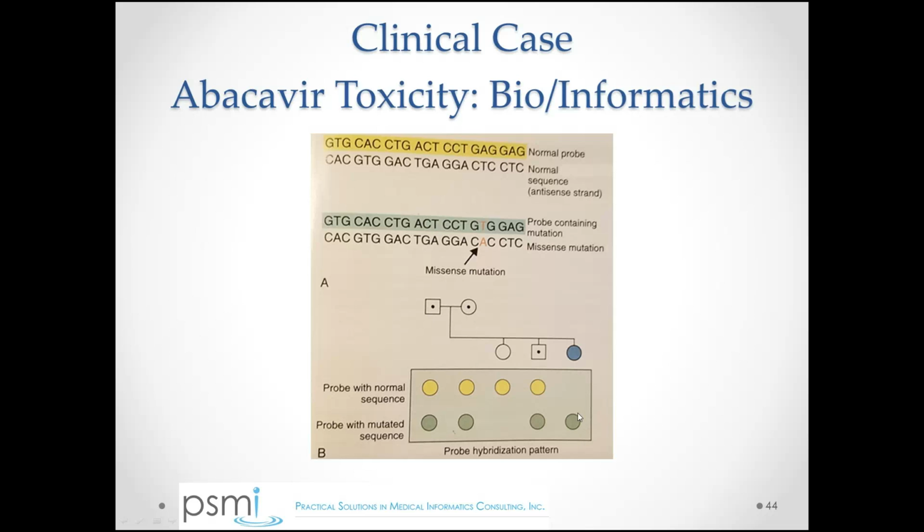Now you can imagine I could put in a probe for the particular HLA-B5701 allele. And I could put in fact, I could put in probes for all of the known HLA-B alleles, and we could see, based on where hybridization takes place, which particular allele the patient has.